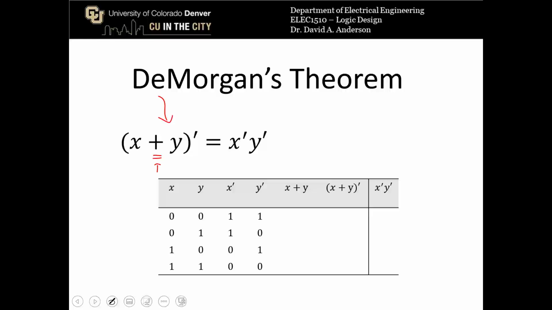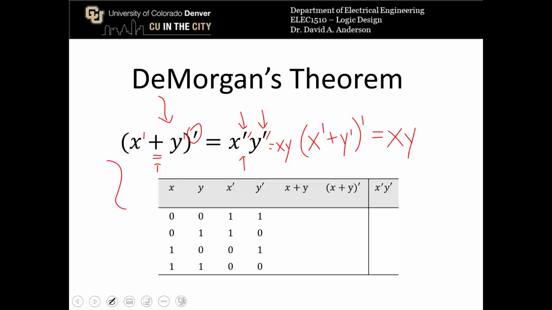So it was an or, it becomes an and. You flip the operation, and then you get rid of the outside prime, but you make the two inside variables prime. Now, you could also have written this as x prime or y prime, prime, is equal to xy, because if these variables had been primed, then the double prime of these goes back to being xy. So both of those are equally valid.